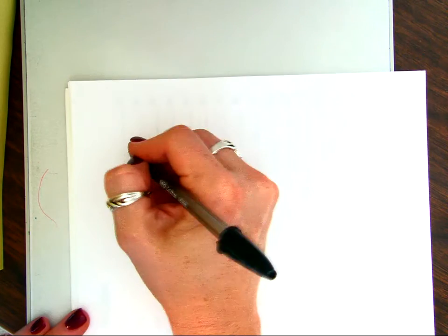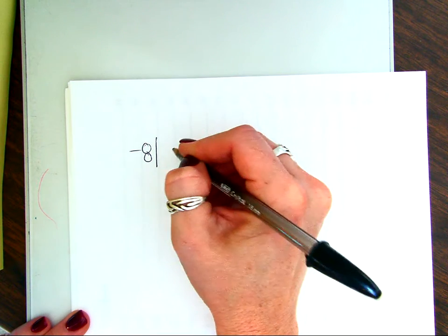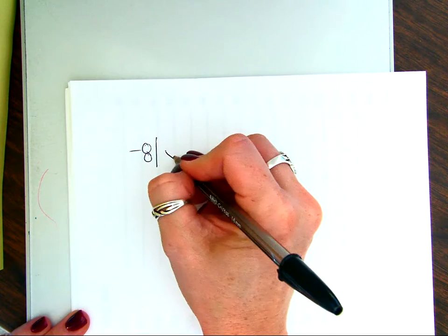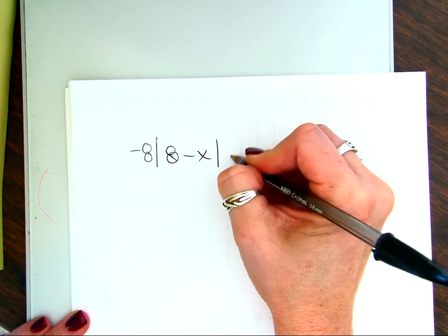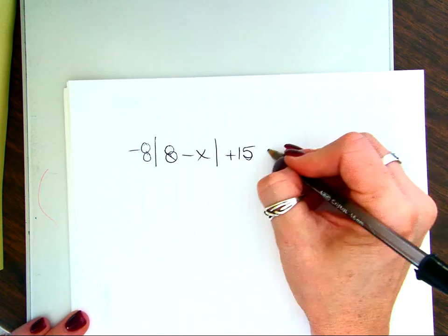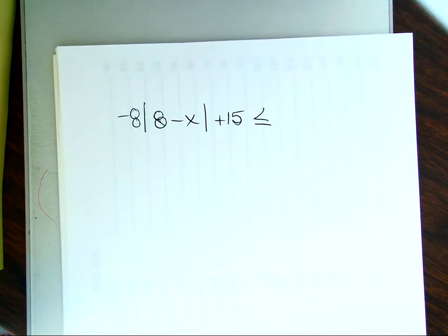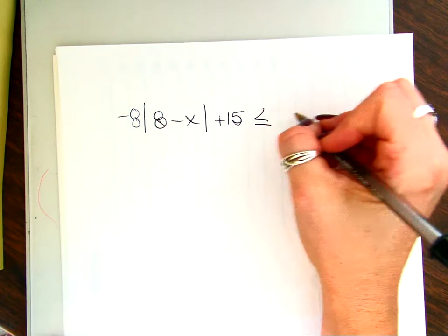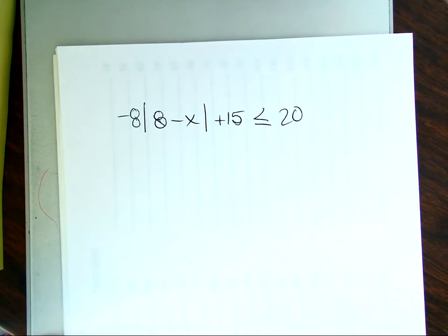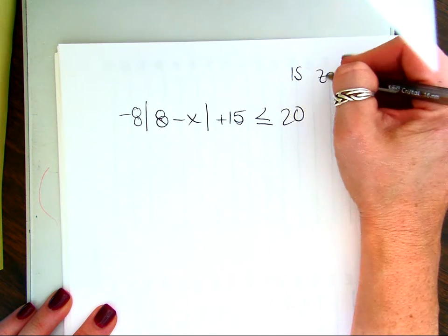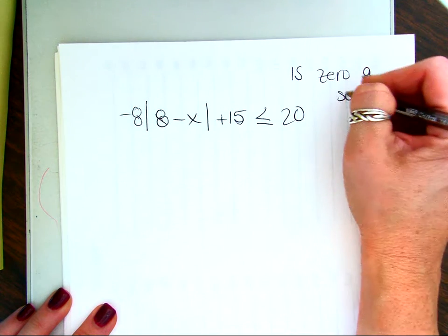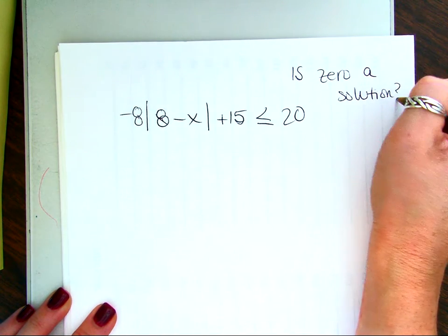I might ask you to solve an inequality: 8 minus x plus 15 is less than or equal to 20. And then I might say, is 0 a solution to this inequality?